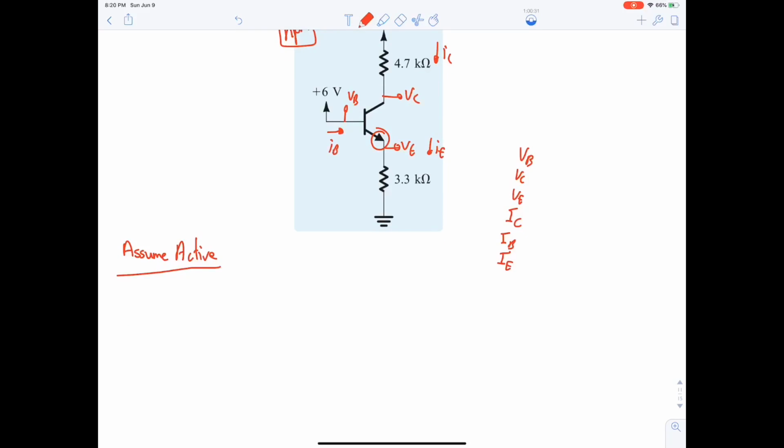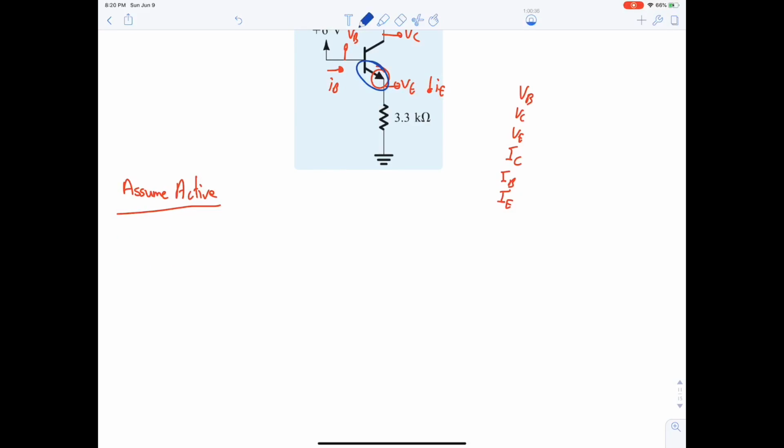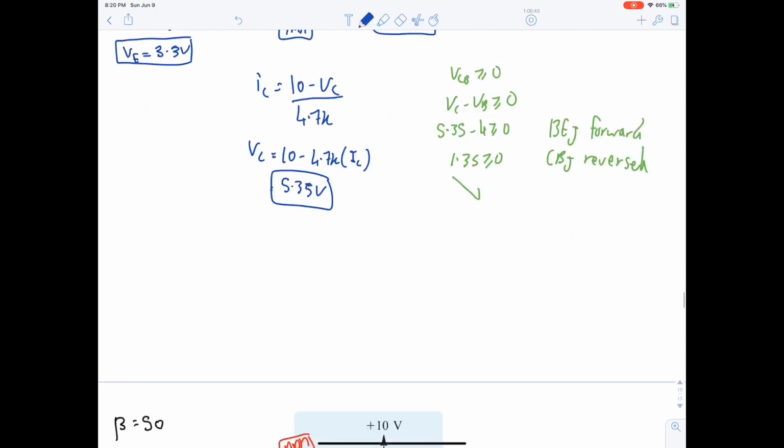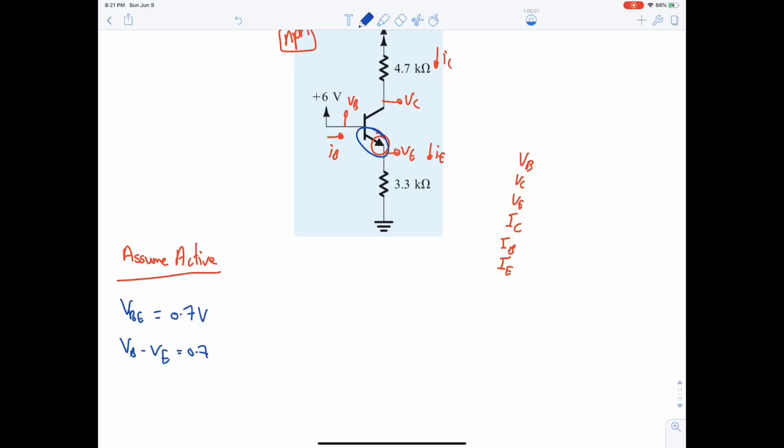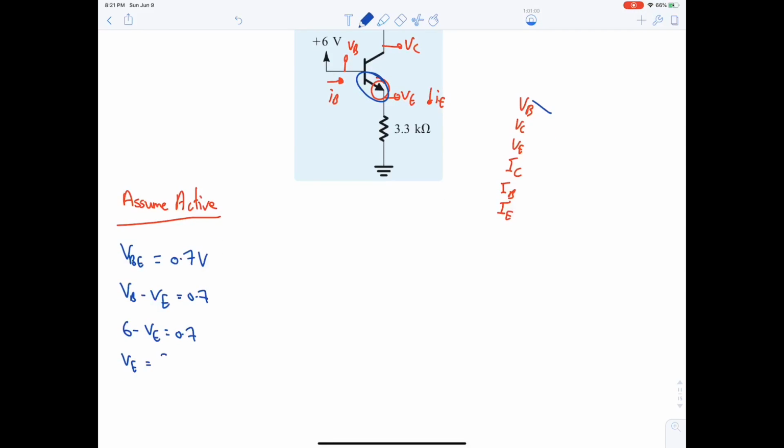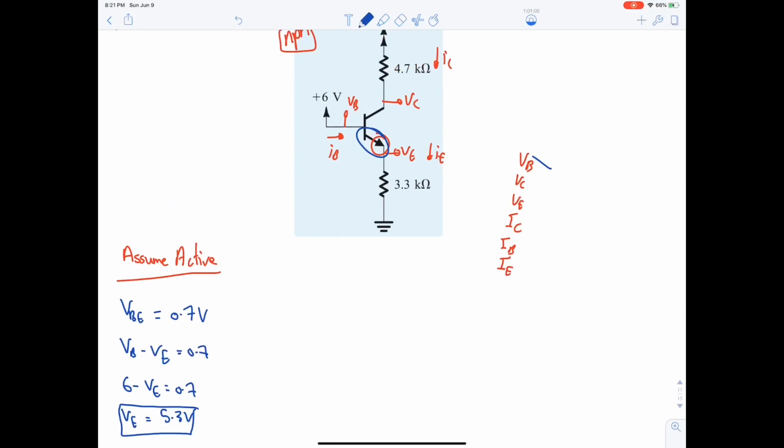Then we will say that the arrow is equal to 0.7. So VBE is equal to 0.7 volt. VB minus VE is equal to 0.7. VB is 6 given in the circuit. VE equal to 0.7. So VE is equal to 5.3 volt.